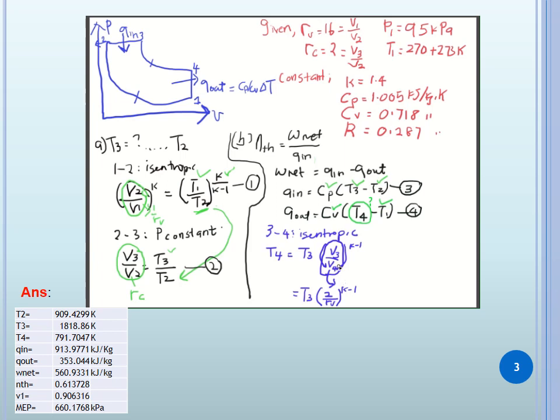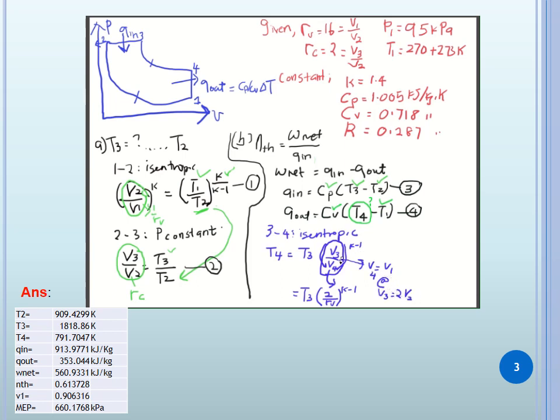It's actually V4. Okay, I write it down here. V4 is actually equal to V1, and we also know that V3 is actually 2V2. This is from the cutoff ratio.